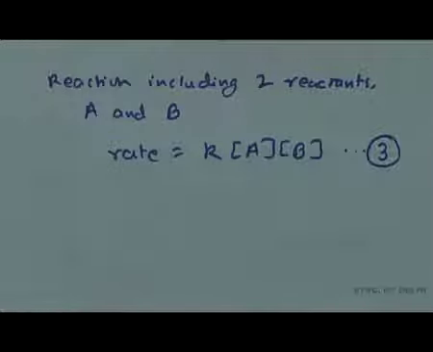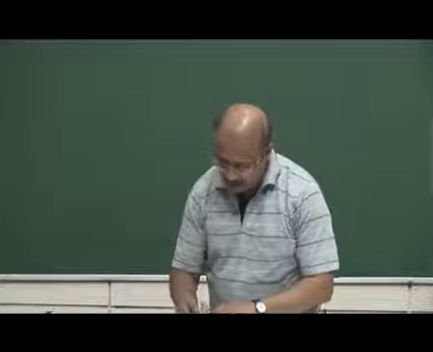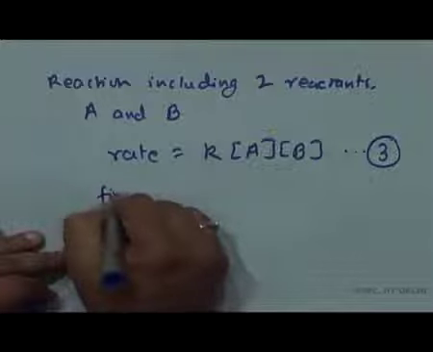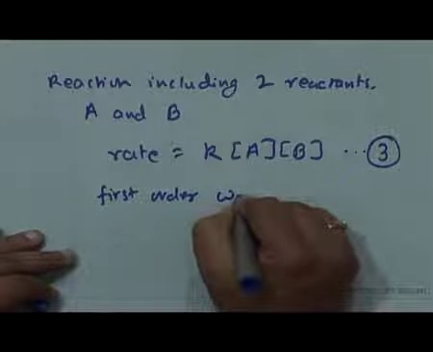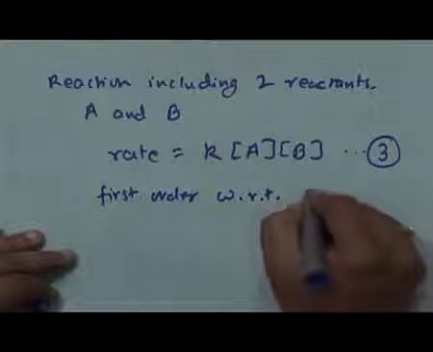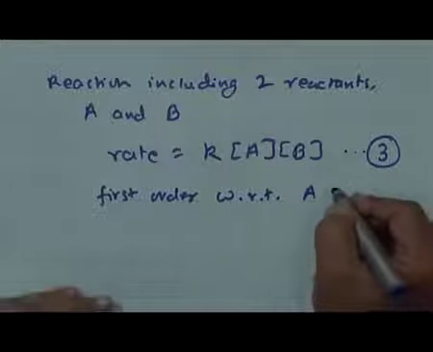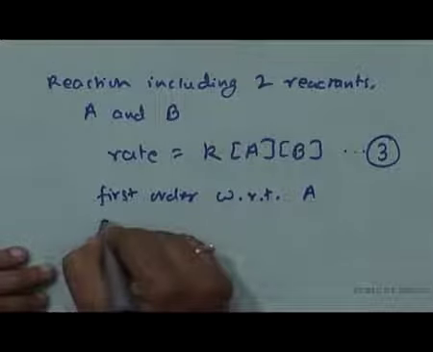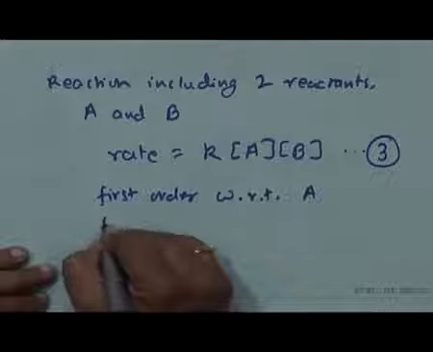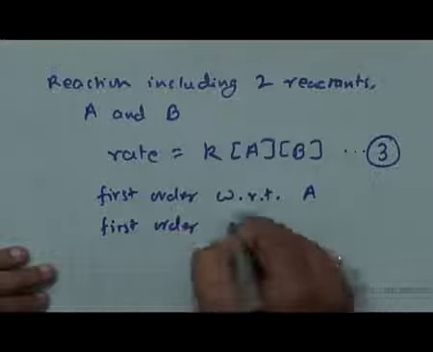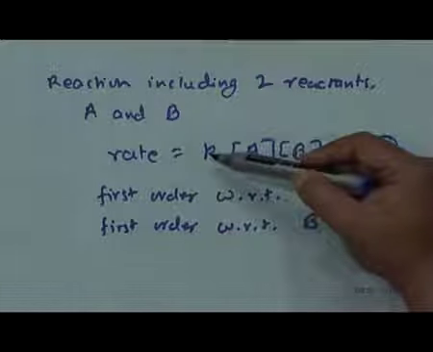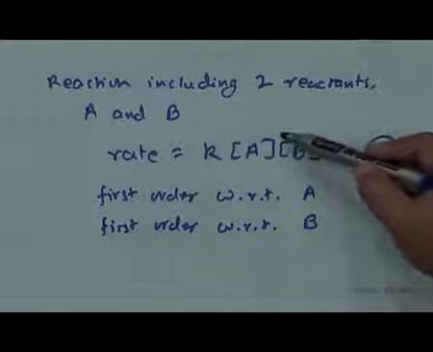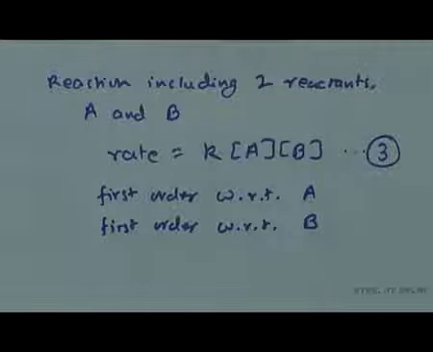Now the way I read this rate equation is, I say that this reaction is first order with respect to A, and also it is first order with respect to B, because you see rate is equal to k, the rate constant, times A raised to the power 1, B raised to the power 1, is not it, right.